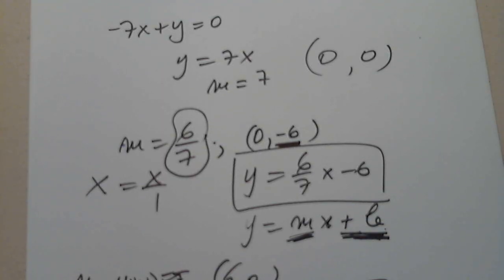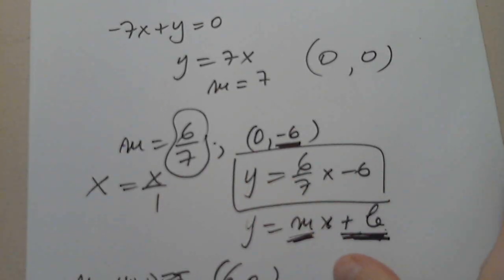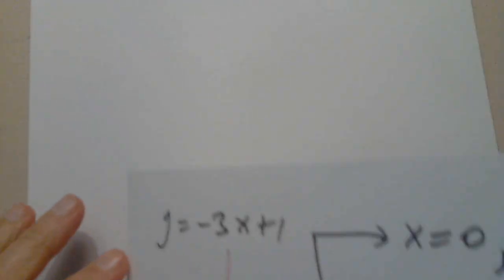Is this okay? Okay. Find the equation of the line with the given slope and y-intercept. Y equals minus 7. Okay.